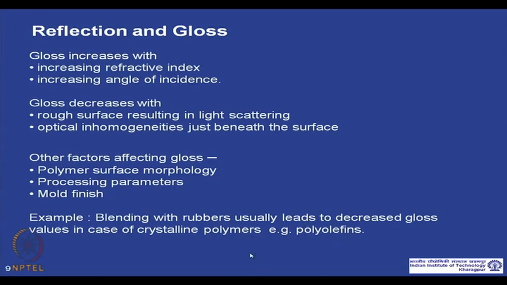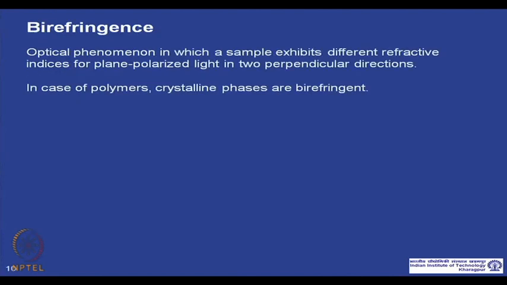So, we have now discussed haze, clarity, reflection and gloss. One more term we want to discuss in optical properties is birefringence. Birefringence is basically an optical phenomenon where a sample exhibits different refractive indices for differently plane polarized light.